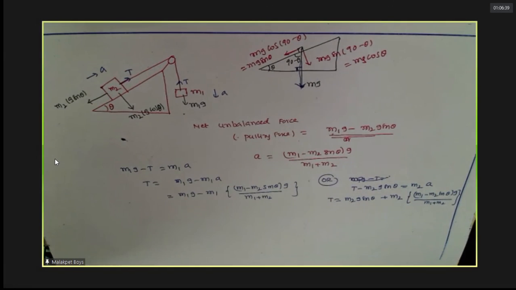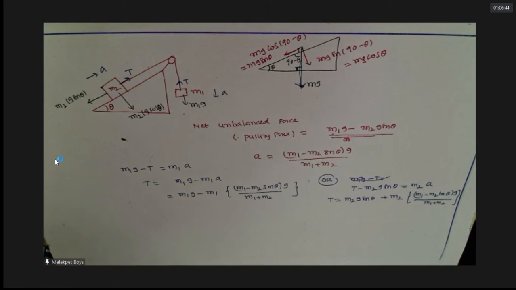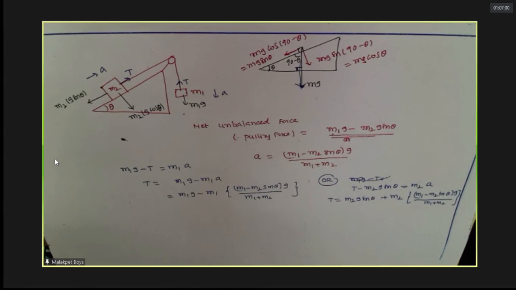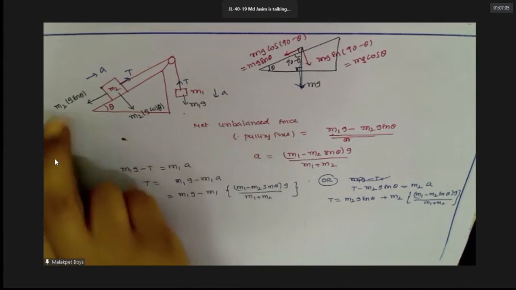Any doubts till here? No, sir. One doubt, sir. This m1g and m2g sin theta, they are not in the same direction, sir. Which one? M2g, yes, sir. It is in a different direction. So this m1g and m2g sin theta.